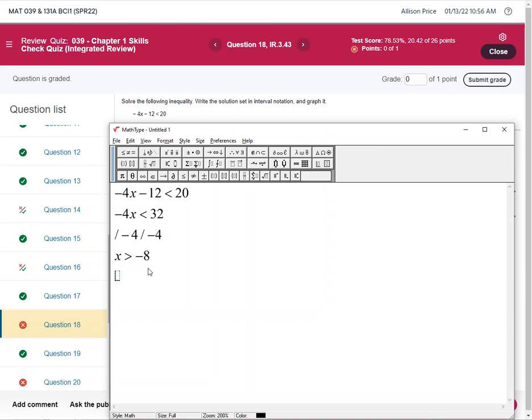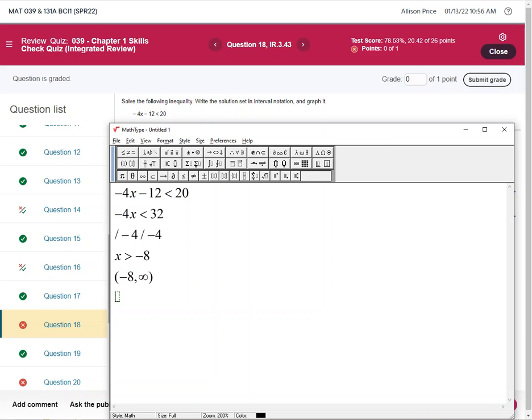So negative 8 is the smaller boundary. Intervals go in order of smallest to largest. So negative 8 is the smallest boundary, it doesn't tell me when to stop, it just says x is greater than negative 8, so then up to infinity. That's going to be the interval for our solution.